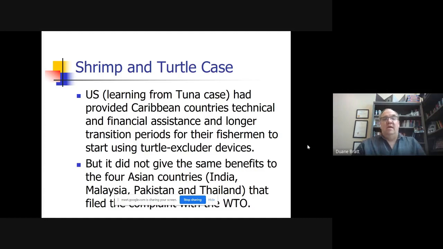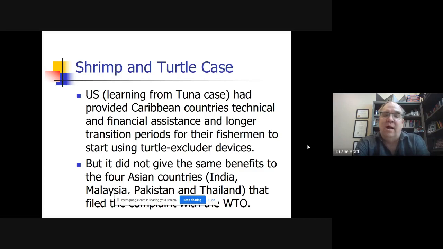So the US did learn from the tuna case, had provided Caribbean countries technical and financial assistance and a longer transition period before it began using the turtle excluder devices. The problem the Americans had is they didn't do the same thing to the 4 Asian countries.